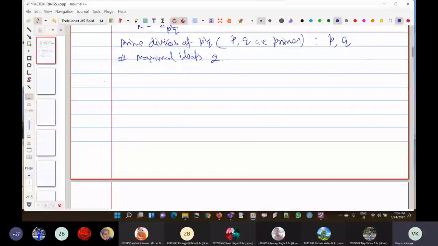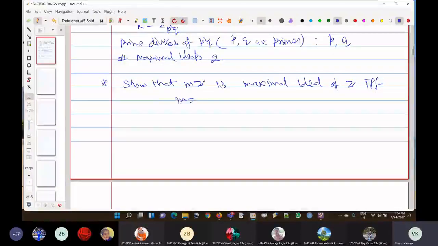So next, one result I would like to mention here, that you can show, and I think this may be in your exercise also, that mZ is a maximal ideal of the set of integers Z if and only if m equals p, that is, p is a prime.